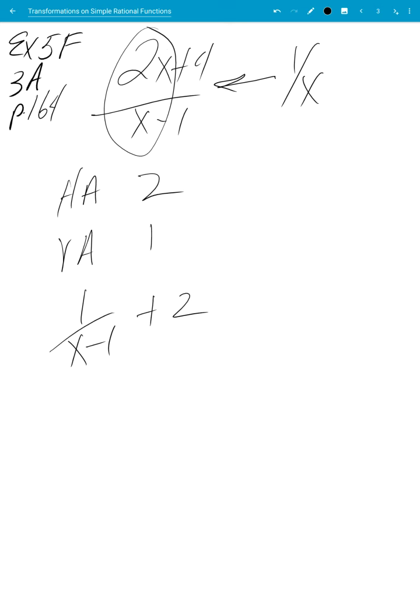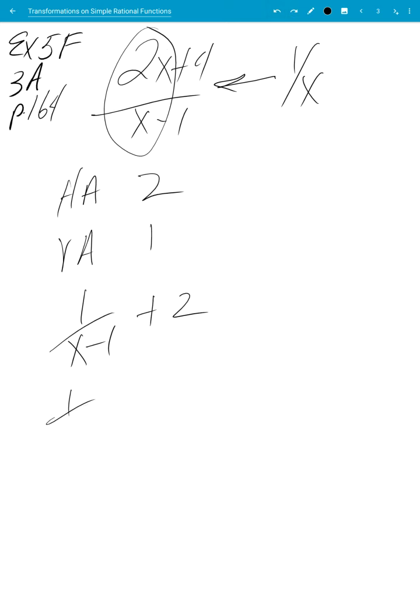If I go through and try to simplify this, this is what I'm going to get. If I try to put this as a proper rational function, I'm going to get 1 over x minus 1, and then this is going to be plus 2 times x minus 1. Let me make sure I got that right.